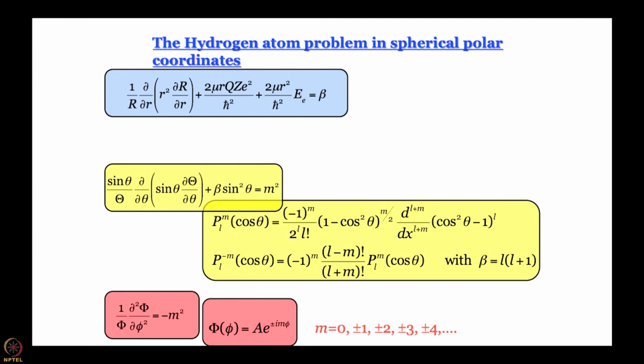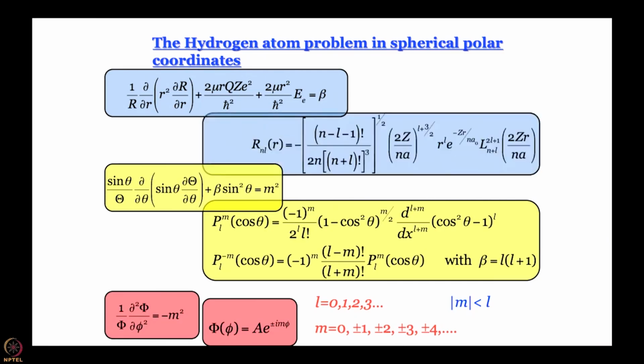We do plan to do a complete discussion of angular momentum, but for now it is sufficient to know that the solution of the theta part is essentially some polynomials in cos theta, and they are characterized by the quantum numbers L ranges from 0, 1 to 3, so on and so forth, and magnitude of m has to be less than L.